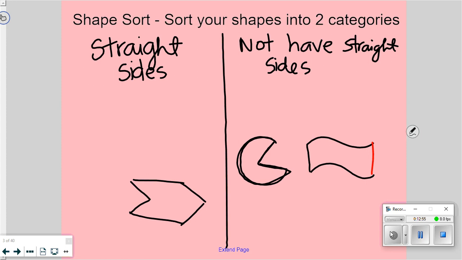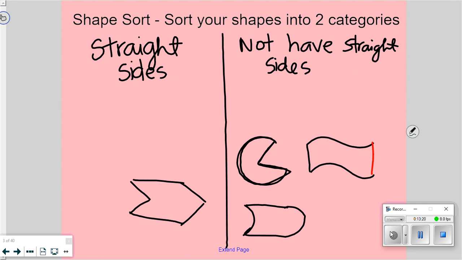Look at your shapes that you put in each category. If you need to move any, move them. What about this one? Shape that looks like this.